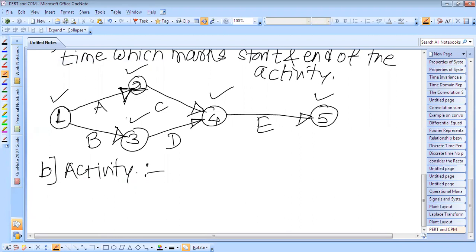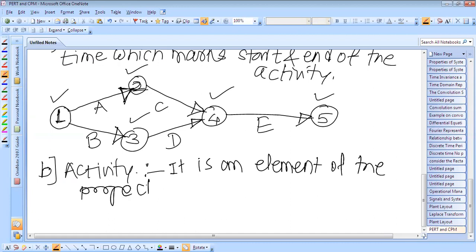For example, installation of machinery in the laboratory or in any organization is called an activity. So an activity is an element of the project. Activities may be performed by individuals or by a group of individuals.